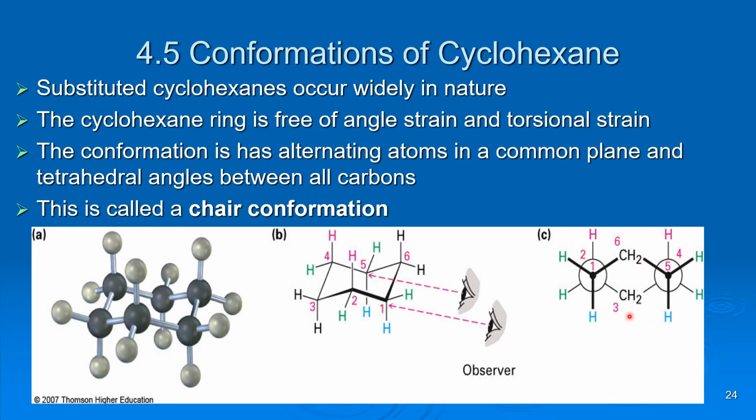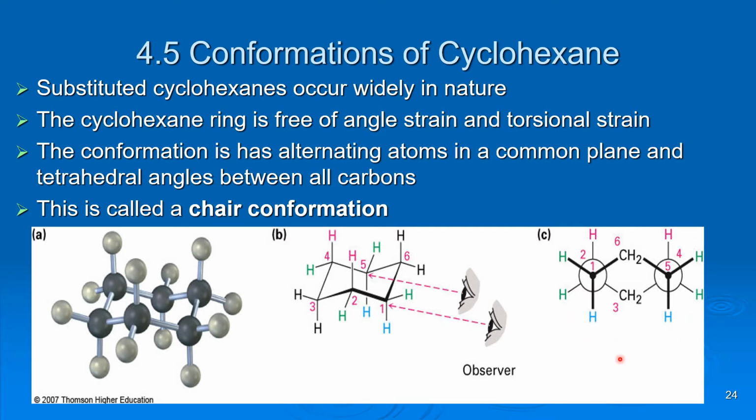And what you can see when you look down those two bonds, 1, 2, and 4, 5, is that everything is perfectly staggered. And so the two CH2 groups are in the staggered position. None of the H's are eclipsed at all.